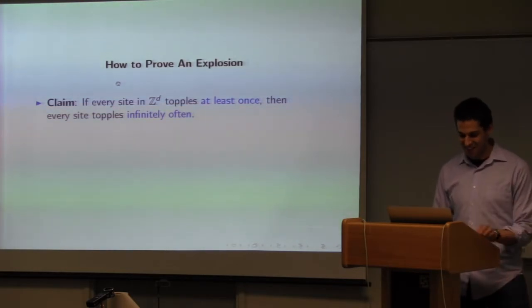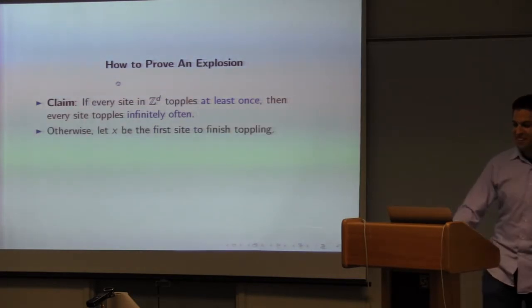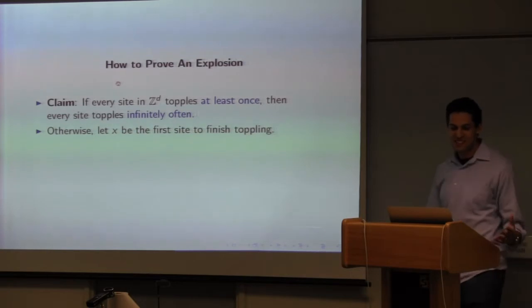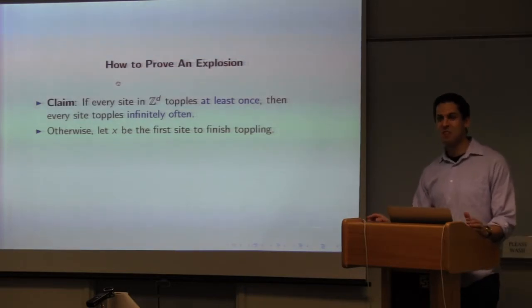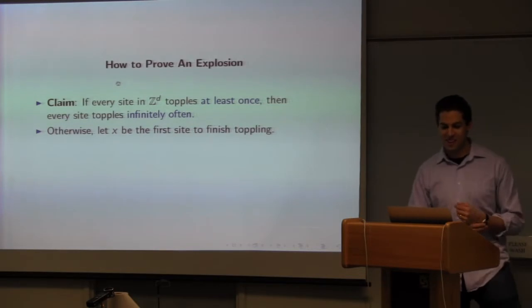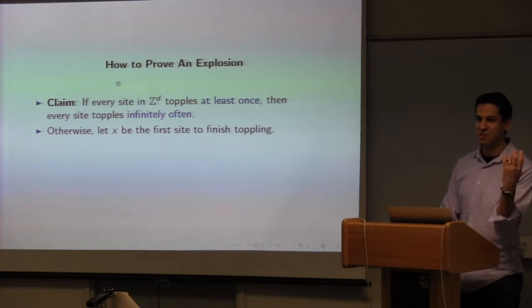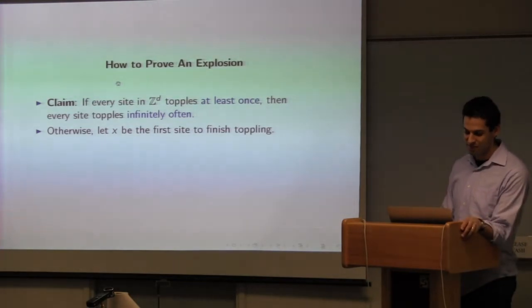This is a very quick argument, so let me show it. Suppose for contradiction that every site toppled at least once, but it wasn't the case that every site toppled infinitely often. Well, in that case, there's some site that finishes toppling, and we could consider the first one to finish toppling, call it x.